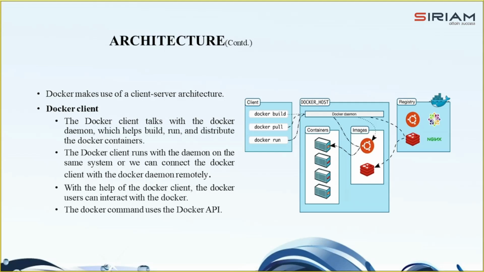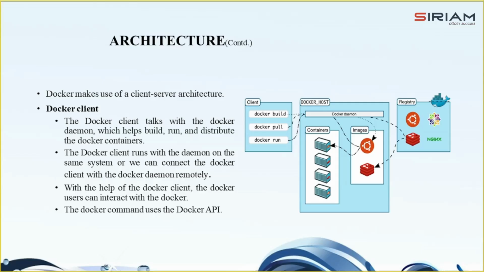It compiles the necessary dependencies, configurations and settings defined in that Dockerfile to produce a runnable image. For example, developers use docker build to create custom Docker images for their applications, specifying all the necessary components and configurations required to run their software within a containerized environment.